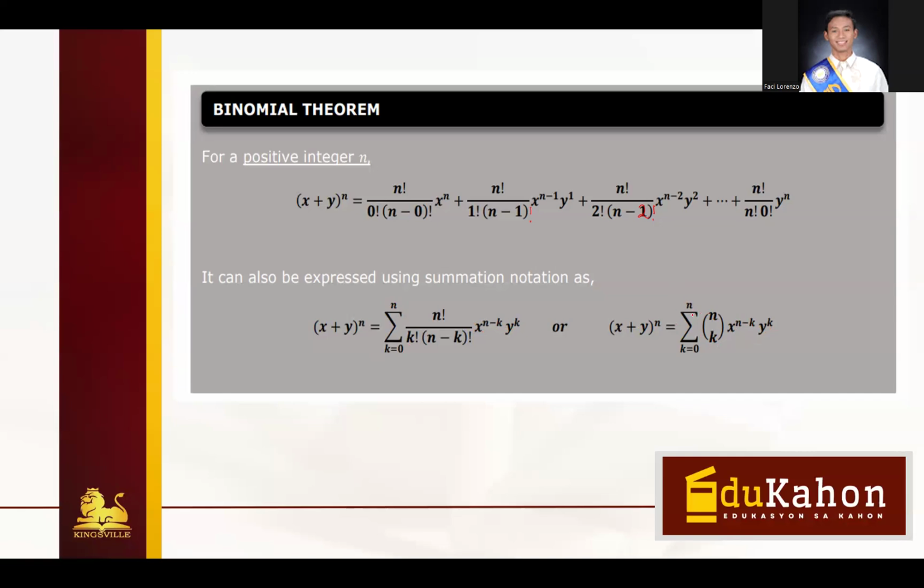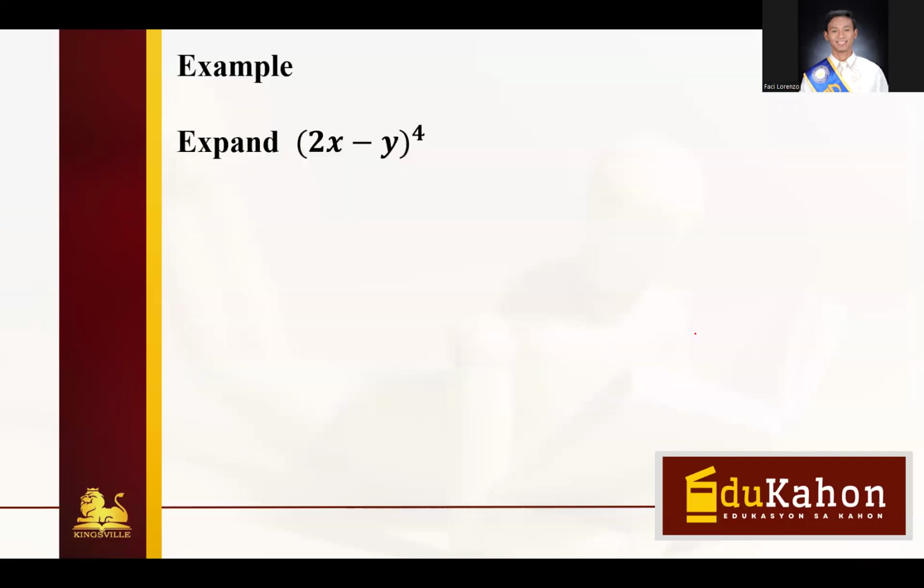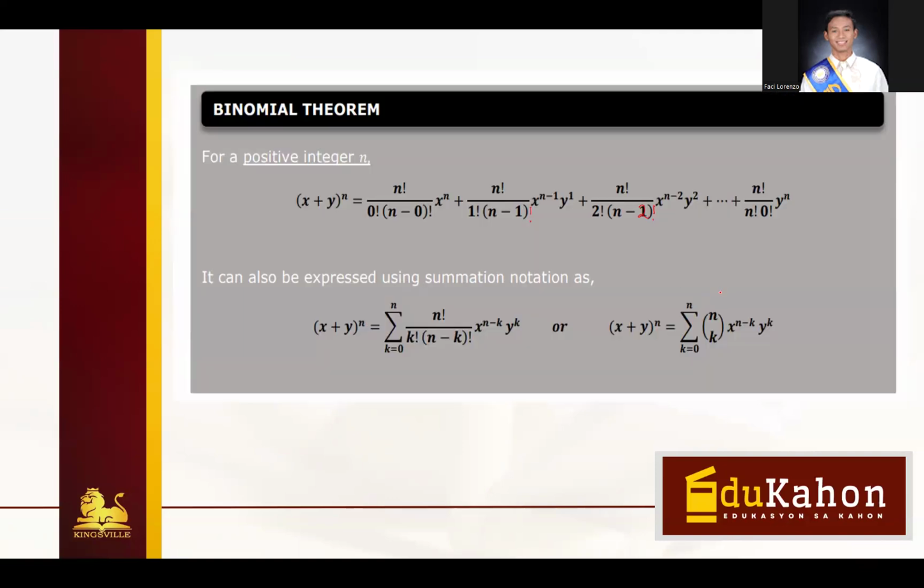Okay? So we will try to use this formula to prove the following given expression. For example, if you want to expand a certain binomial, you will be using the binomial theorem. Here is an example, 2x minus y raised to 4. We will try to use the summation notation, having the concept of the combination.